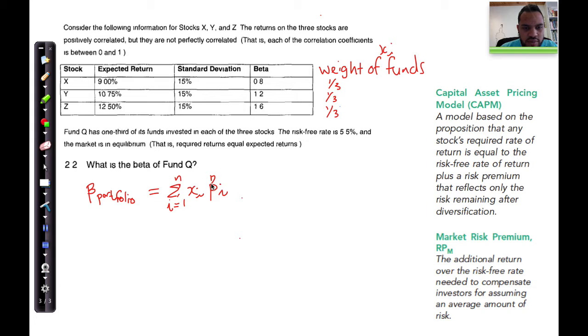So if we're talking about 1/3, then we multiply it by that. This sigma notation simply means that we have to add them up.